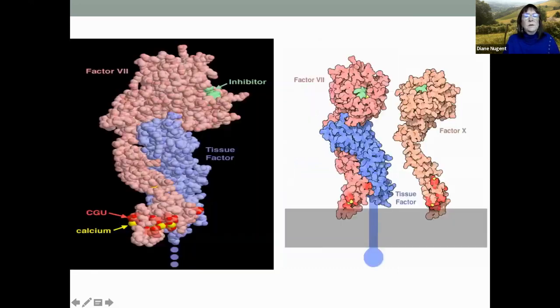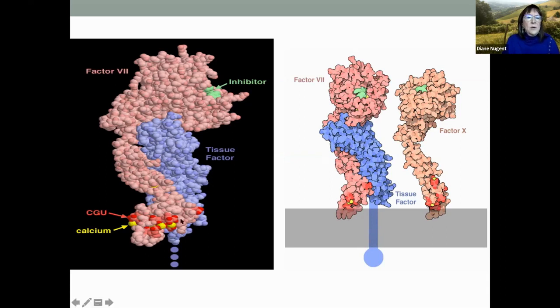And when it's revealed, factor VII, here it is, each with its amino acids, binds to the tissue factor, it gets activated, and in this schemata, it starts activating factor X. And factor X then continues down the cascade to activate the clotting proteins so that eventually we have a fibrin monomer, that building block of our clot formation.